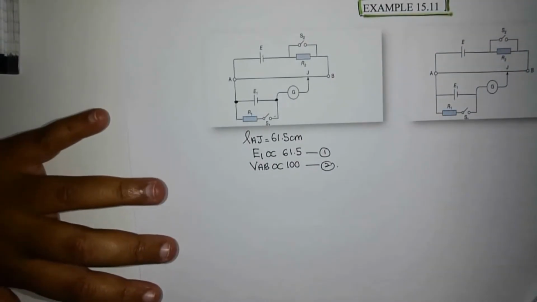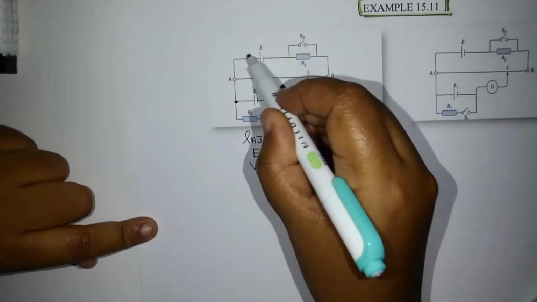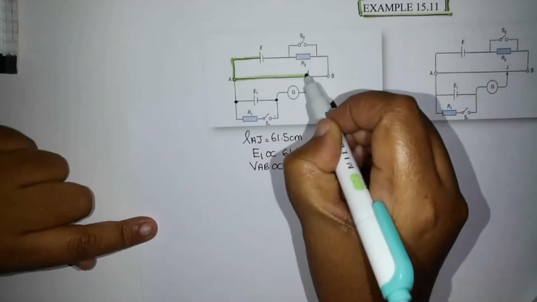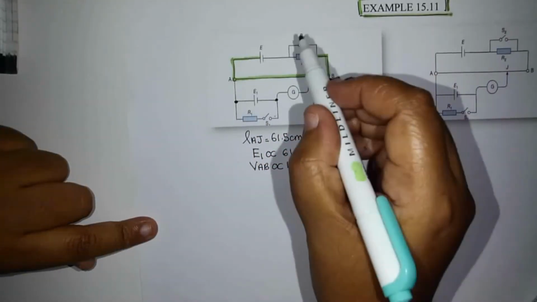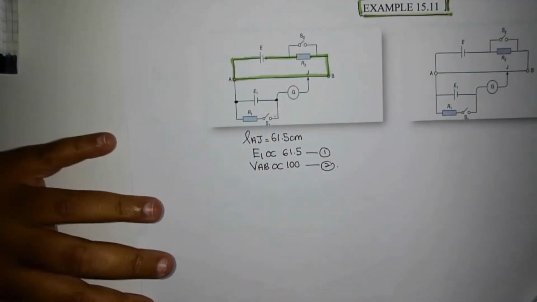So when this is open, class, what will happen is the current will pass through here, and then you can have current flow in the resistor R2. So R2 will be affected.